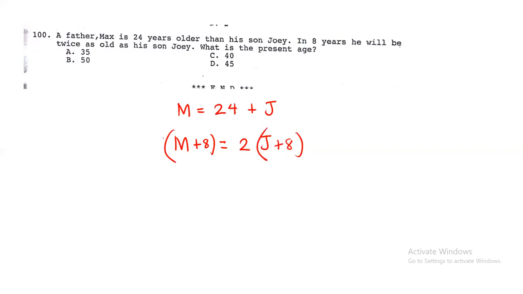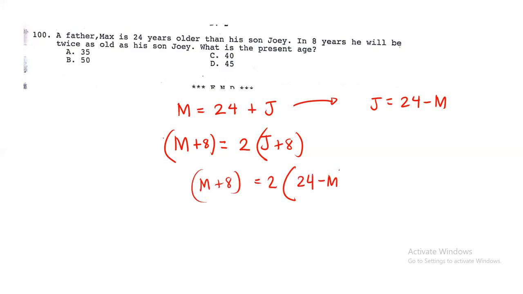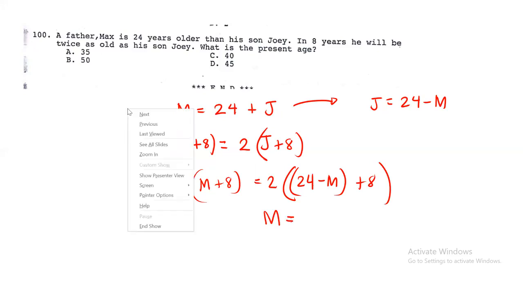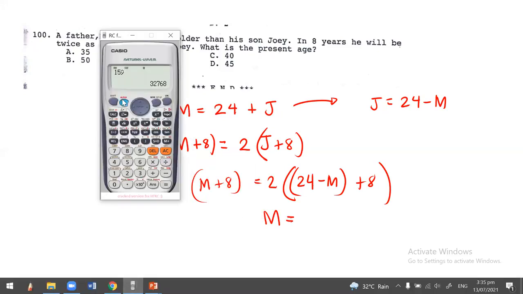We're looking for the present age of Max. So use equation 1: J is equal to 24 minus M. Substitute this 24 minus M for J here. So M plus 8 is equal to 2 times 24 minus M plus 8. Then shift solve and we get the answer here. Let me show it. I'm still in mode stat.